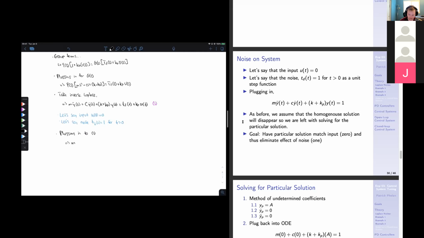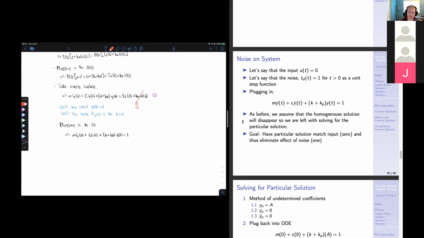We're now going to get m y double dot of t plus c y dot of t plus k sub p times y sub t. And now that's equal to 1. So it's just equal to 1 because our input is 0, and then our noise td, that's equal to 1.